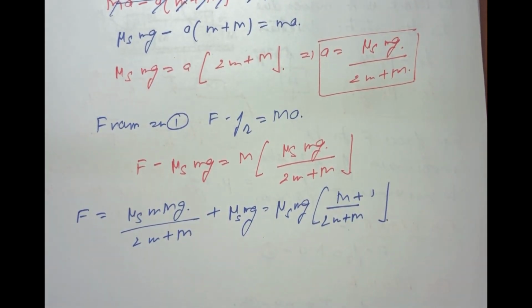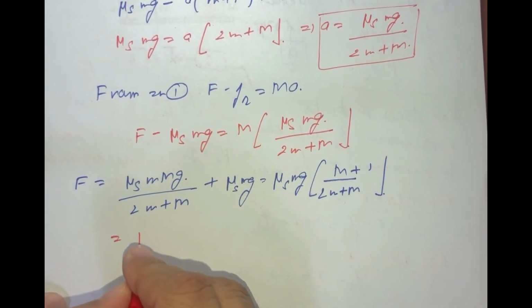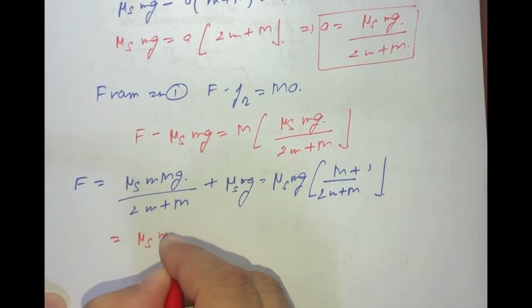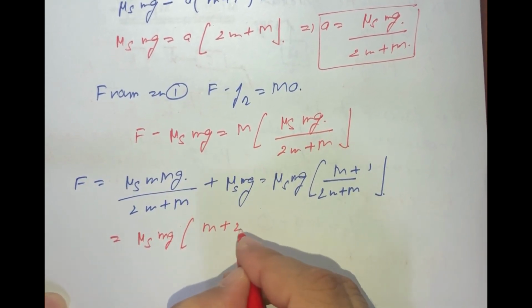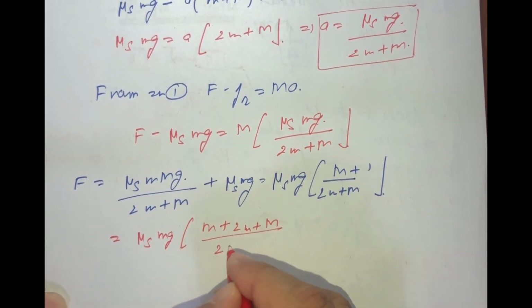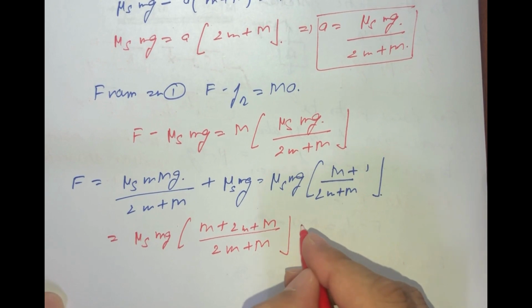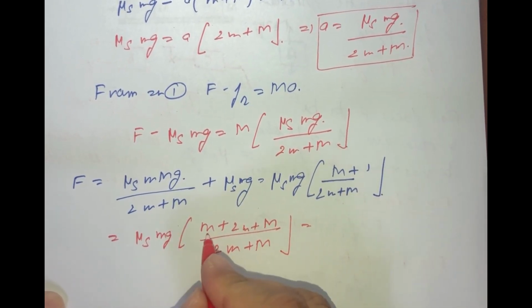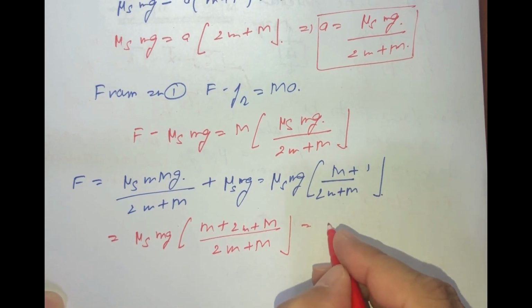Now taking it as LCM, this can be further solved as mu S mg times (capital M plus 2m plus capital M) divided by (2m plus capital M), and this will be 2m plus 2 capital M. So taking 2 as common.